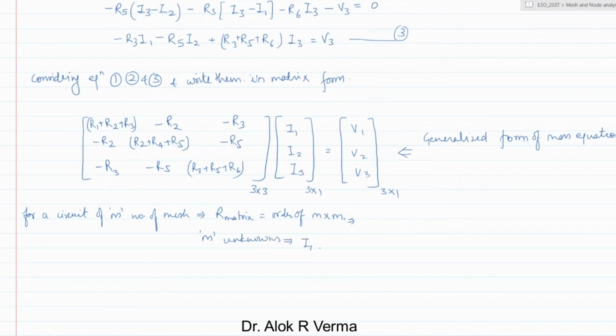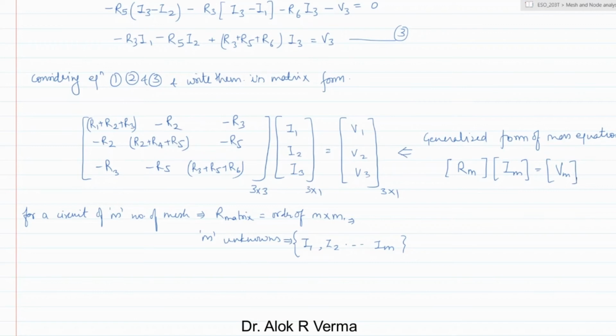What are the unknowns? I1, I2, up to Im. These are the unknowns. Okay. So if you write it in short form, it is the Rm matrix times the Im matrix, equal to the voltage matrix.